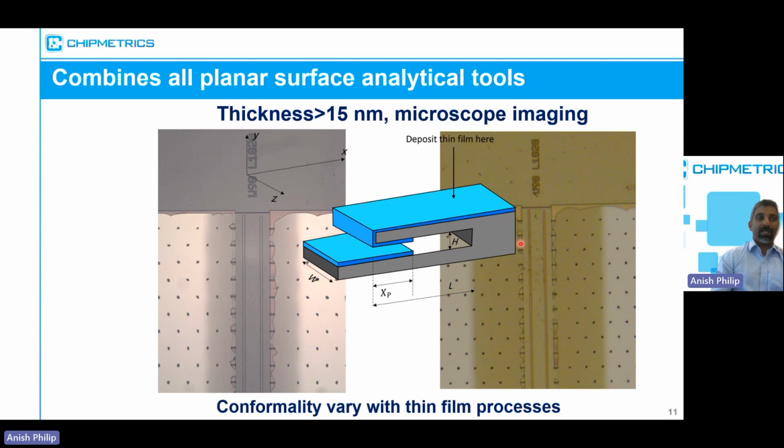If your film thickness is above 15 nanometer, then we can use an optical microscope for the measurement of the penetration depth. I have given two examples. Once you remove the top roof membrane, you expose this area.